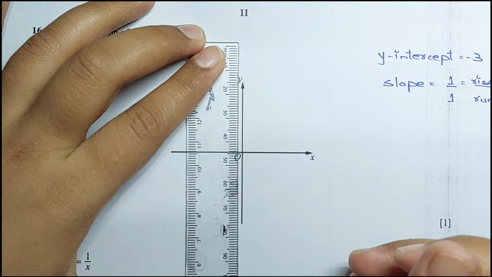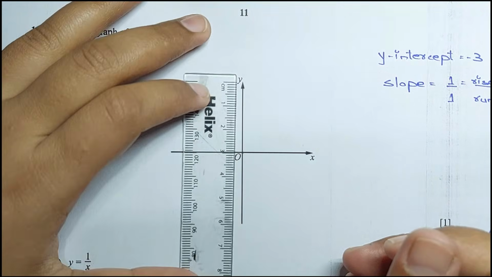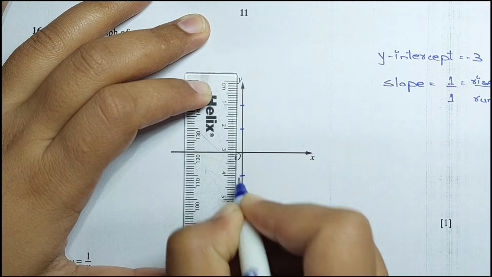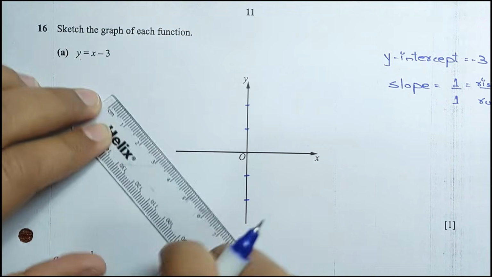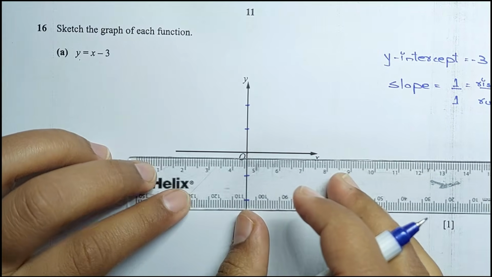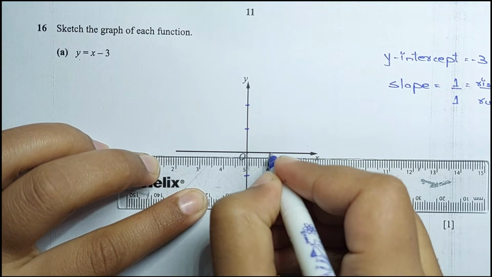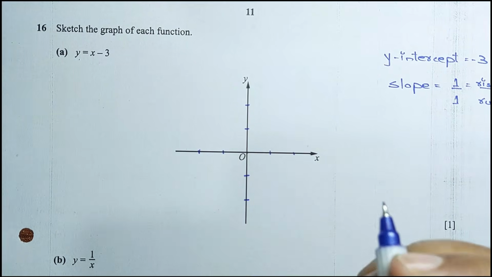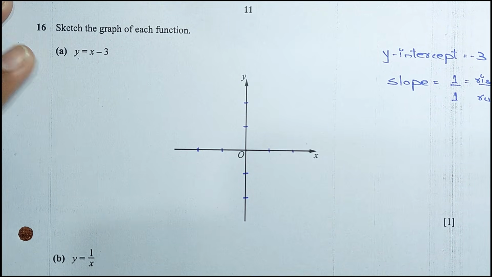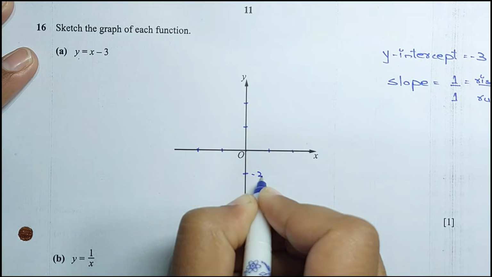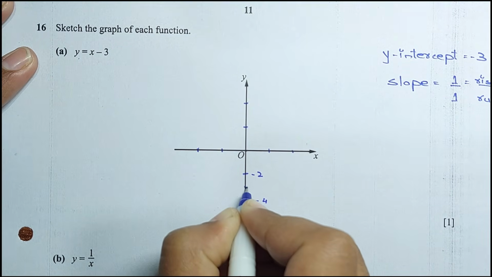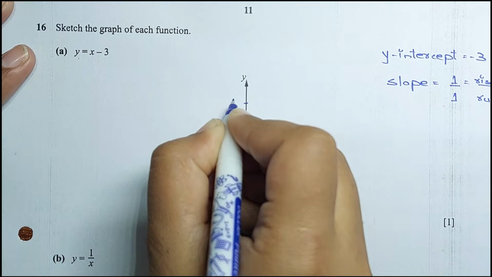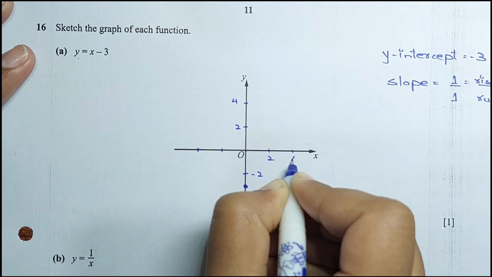Let me label in terms of centimeters: 1, 2, and on this side 1, 2, right? So the intercept is negative 3, so let's say this is minus 2 and minus 4, so minus 3 is somewhere over here, right?